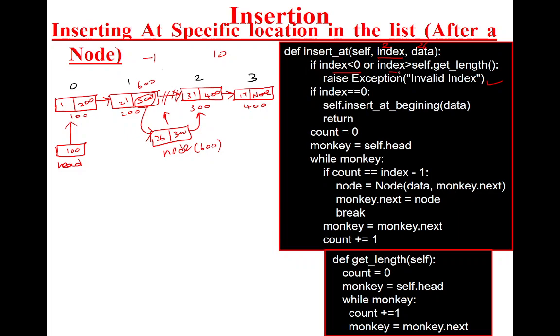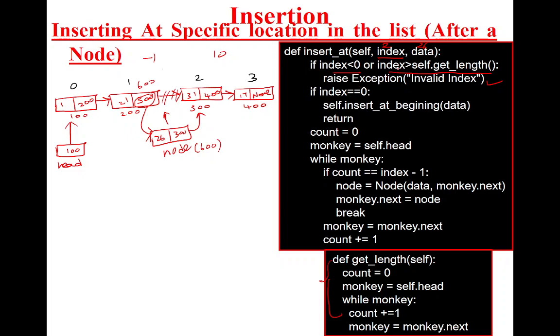So we are going to check the index against the length of the linked list. This is the code to find the length of the linked list. Just go through it. By using the monkey concept, we are counting how many nodes are there. So this will give you the length. Here it will give length 3.